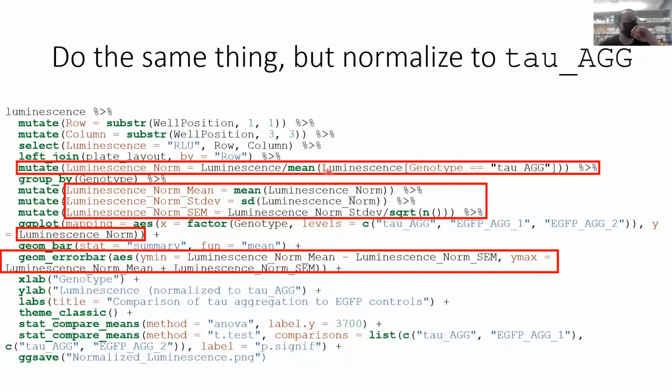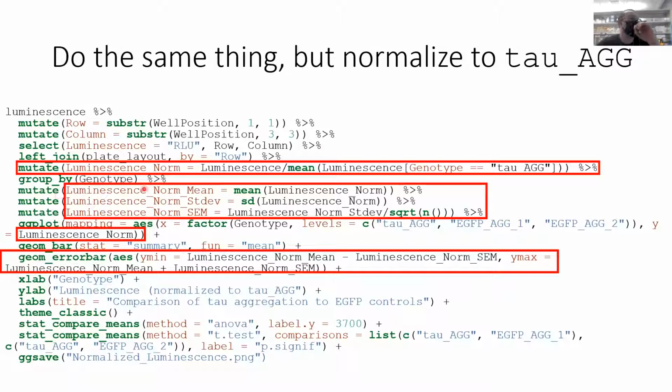So my luminescence data frame here, the brackets will allow me to select certain rows of that data frame. And I'm selecting all the ones where genotype is equal to tau A, which will be 6 rows. And I'm taking the mean of that. And every value of luminescence, no matter what the genotype, will get divided by that mean.